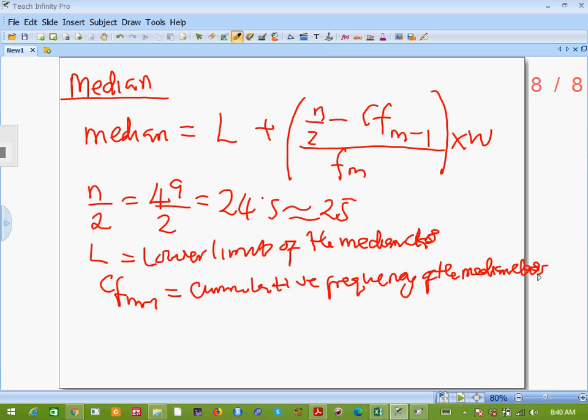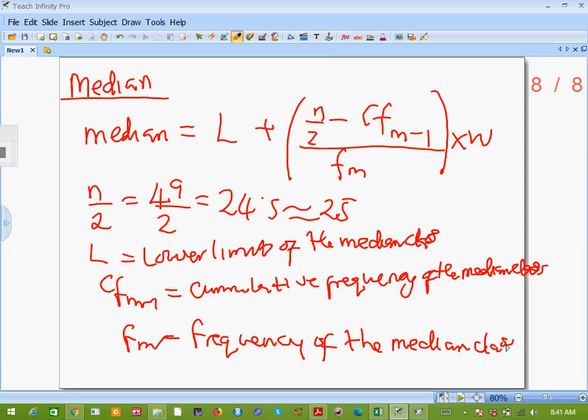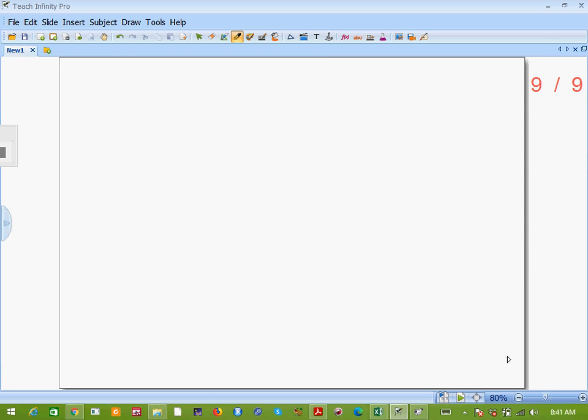FM is the frequency of the median class. Okay, so those are the terms. Now remember, we have already identified the terms.